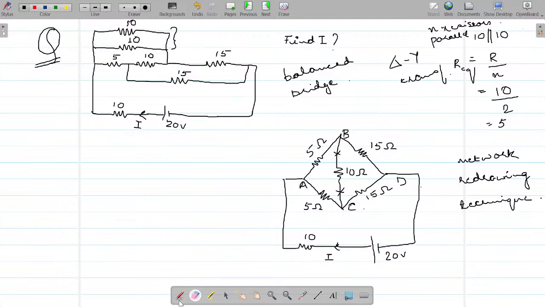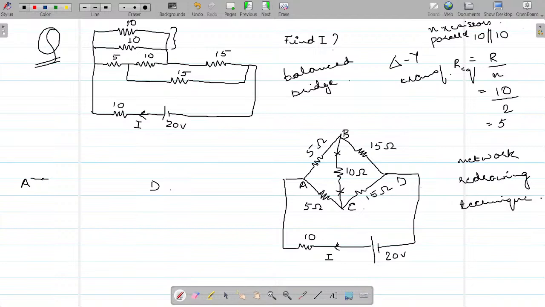So does our network reduce to, again using the same nomenclature of nodes? This node is absent now. This is 5, this is 15. If this branch is not there, 5 and 15 would be in series. 5 plus 15 becomes 20 ohms. Similarly, 5 plus 15 becomes 20 ohms.